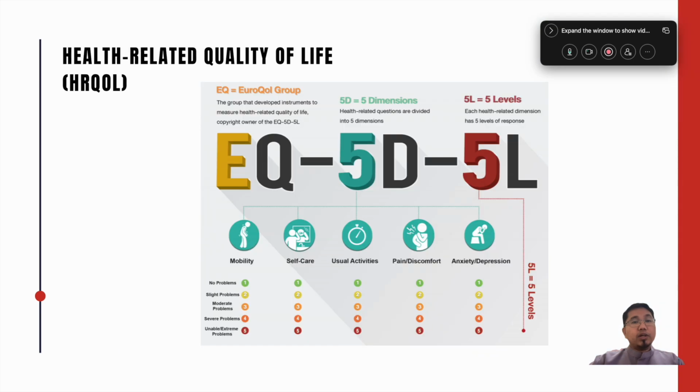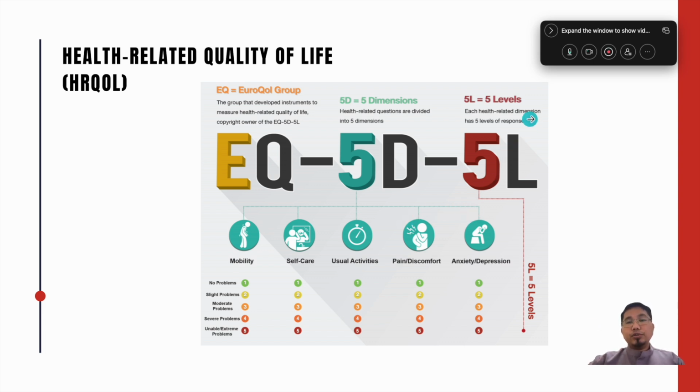I just want to give an example because during my study in the other place, I used this EuroQol. In the EuroQol, we have 5 dimensions that we look at. First is mobility, self-care, usual activity, pain or discomfort, and also anxiety and depression.